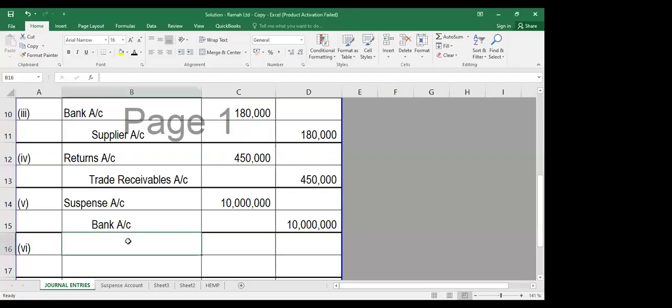So we shall debit discount allowed. Why are we debiting discounts allowed? It's because I told you they have an expense nature, but also they affect your sales.